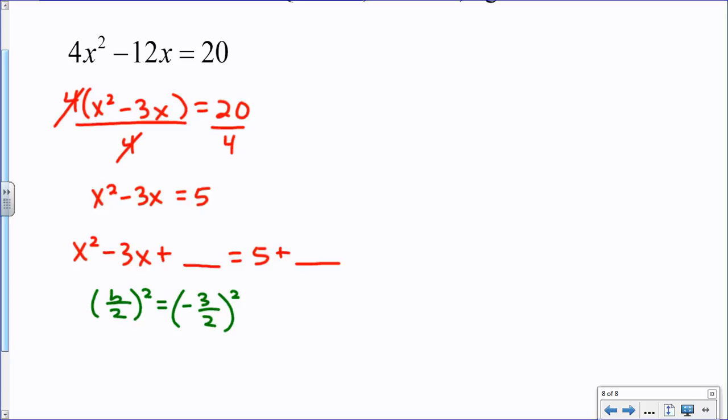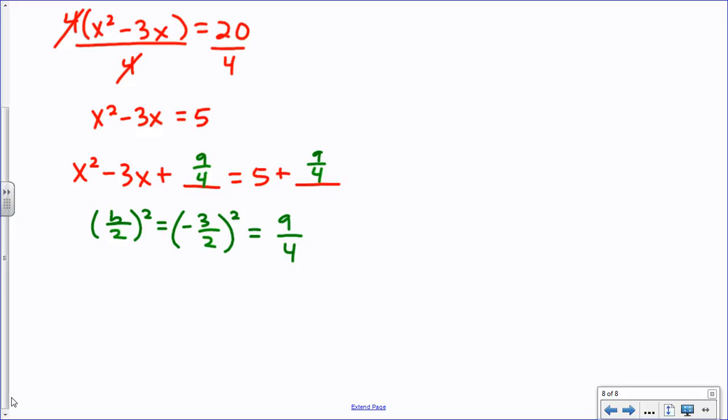Keep things fractions, improper fractions, if necessary. So first of all, when you square a negative, it's positive. So either way, you're going to be adding. And then 3 squared is 9, and 2 squared is 4. So 9/4 to both sides. So it's not very pretty, but it's okay. We're still all right with our numbers here.